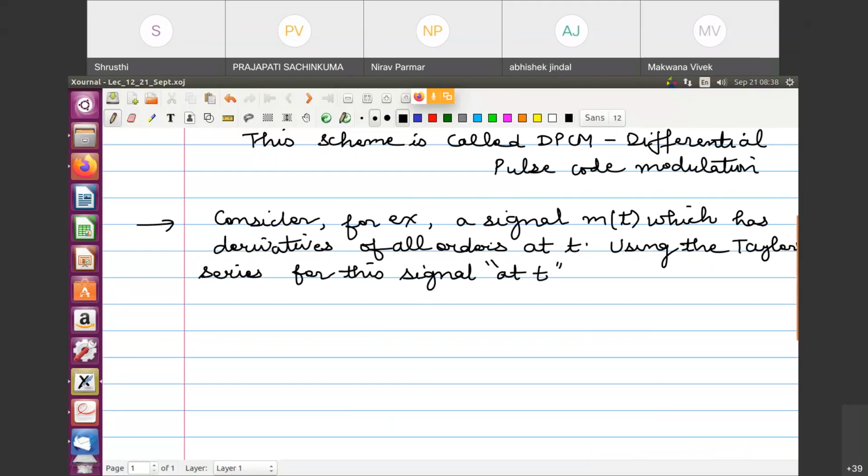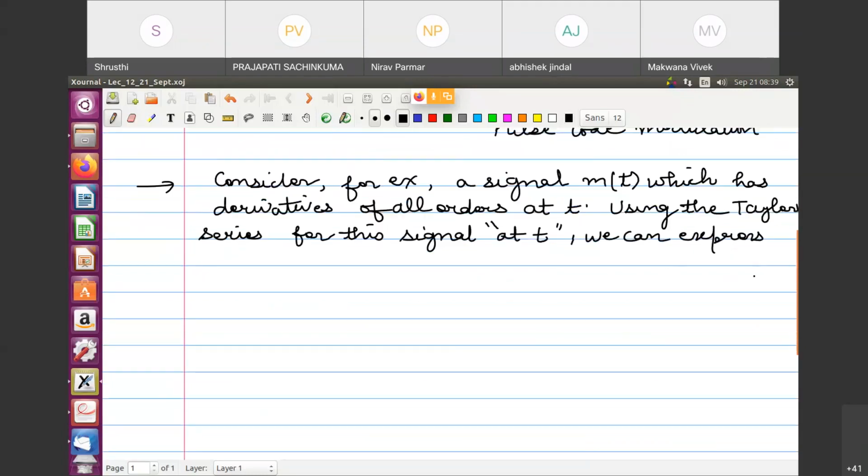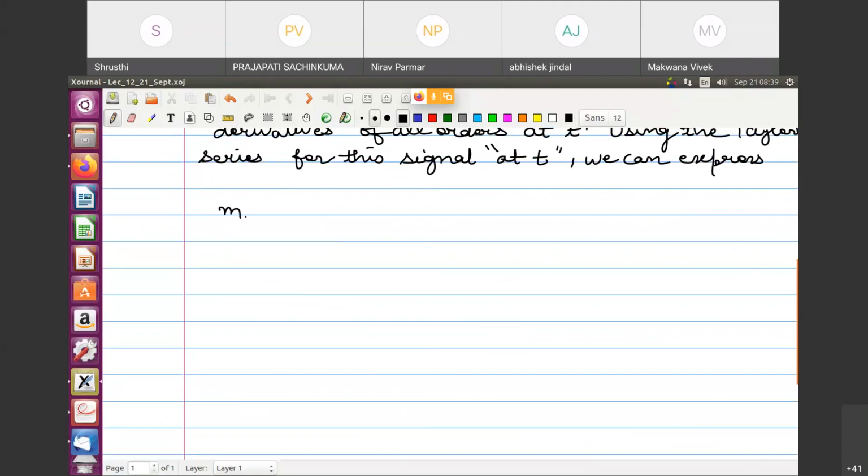if you try to do it yourself, to just evaluate the Taylor series at t, we can express it. So what we can do is express m of t plus Ts. I am looking in the neighborhood of t.